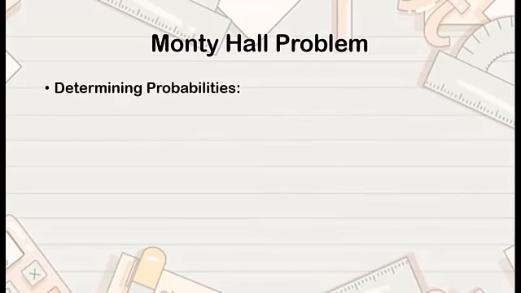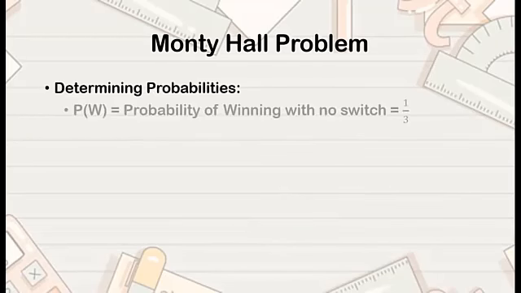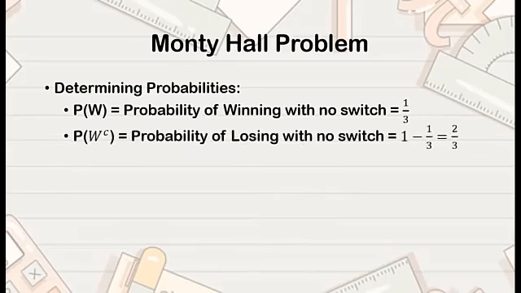Now let's define our individual probabilities. The probability of W, that is you win if you don't switch, is the probability of a car behind door 1. So there are three doors and one car, so this probability is essentially equal to 1 over 3. The probability of losing with no switch is equal to 1 minus the probability of winning with no switch, which equals 2 over 3.